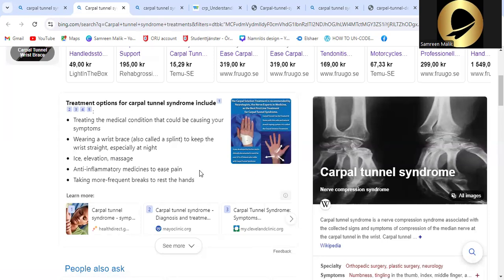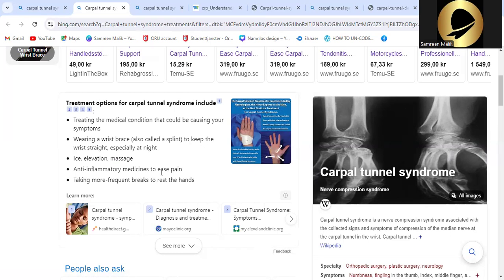There are no precautions that one can take in order to prevent it from happening. But certain advice is given that ice, elevation, and massage can prevent the symptoms or minimize them to some extent.